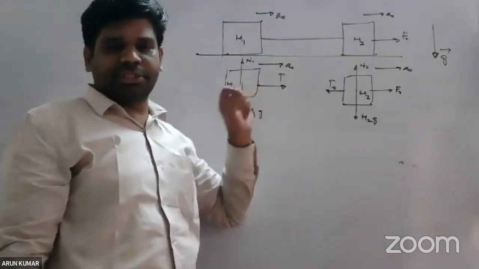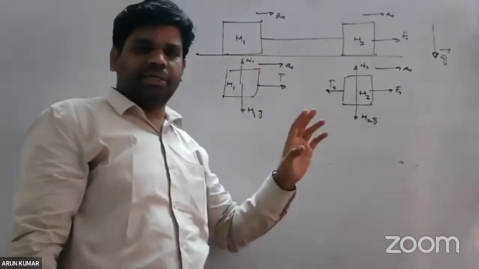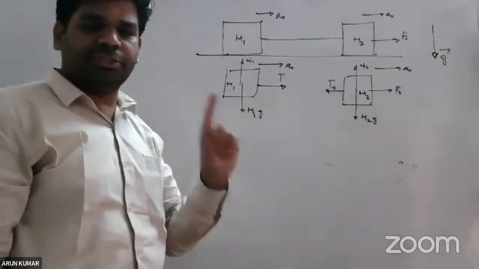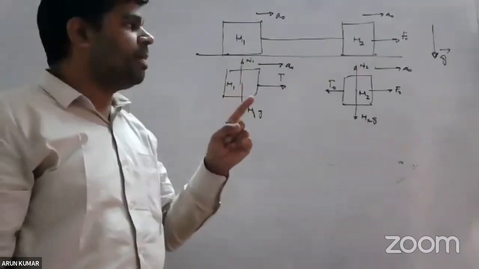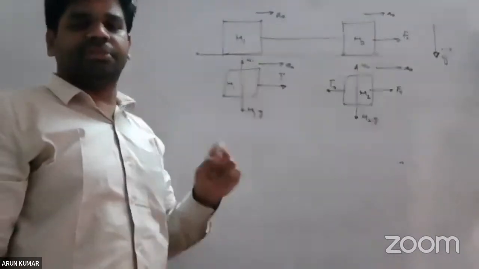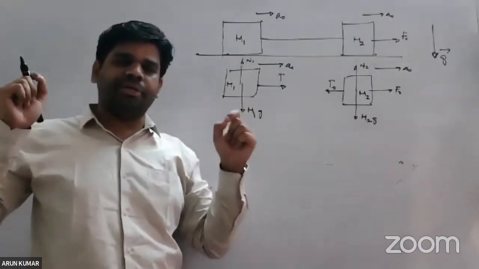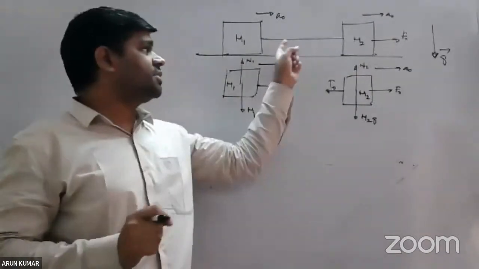We are dealing with inextensible strings. Extensible strings we'll deal with later. But right now we're dealing with inextensible strings. That means the string cannot be extended, so its length remains constant throughout.